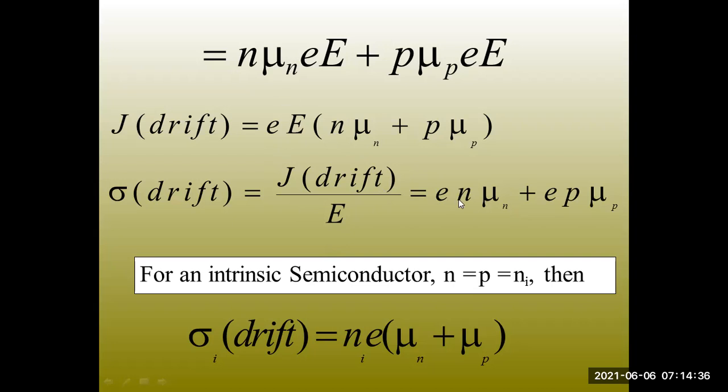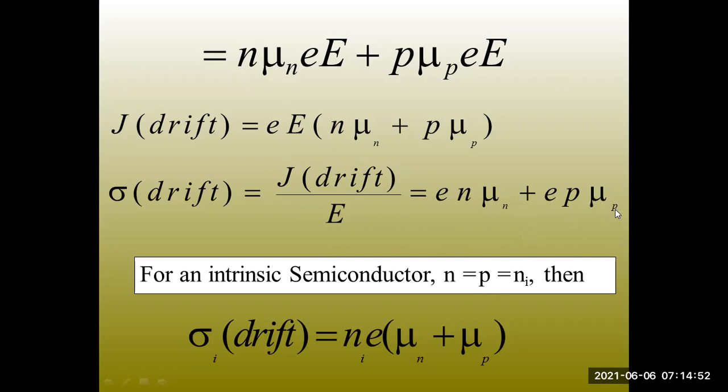What is remaining? e n mu n plus e p mu p. Understood, everybody?